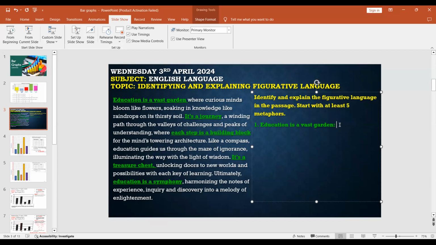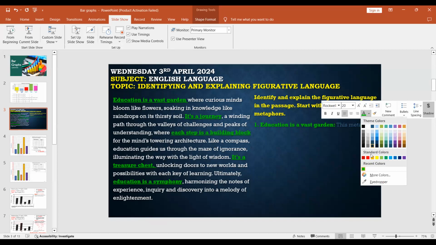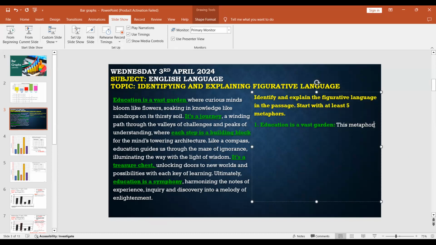And so we can say this metaphor portrays education.